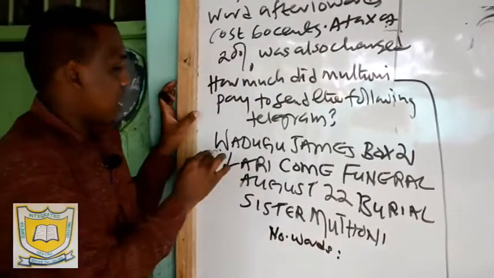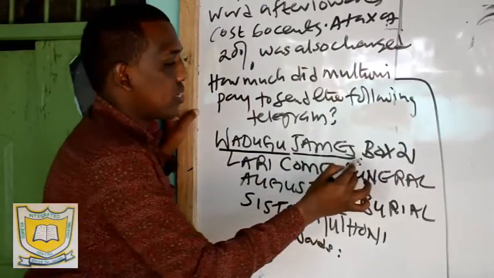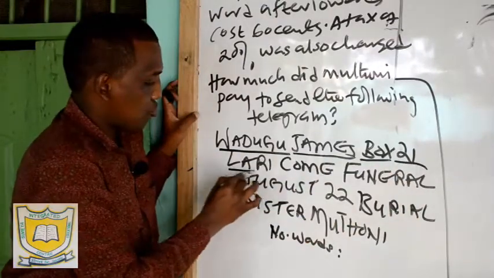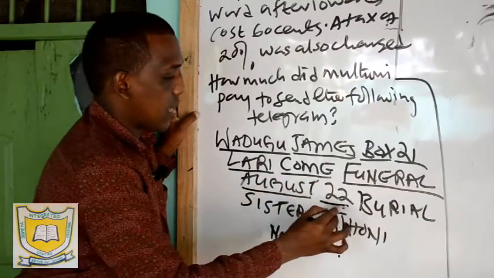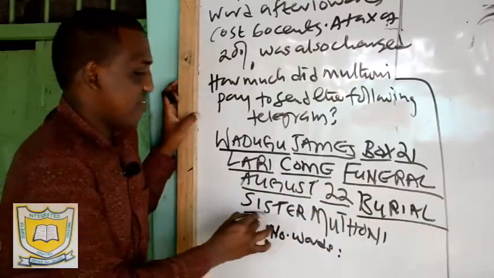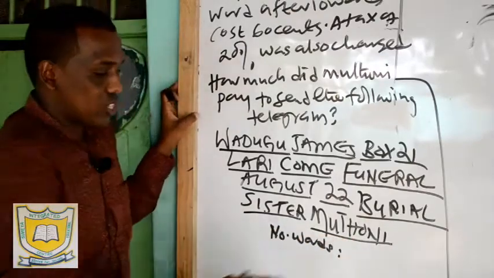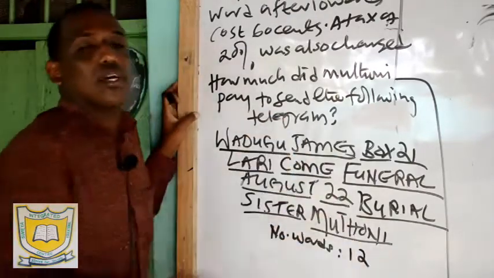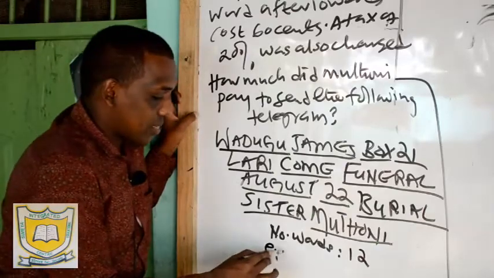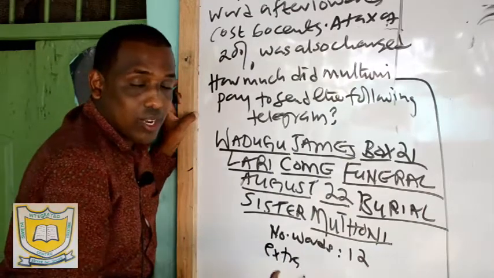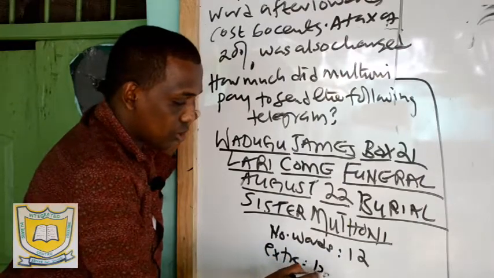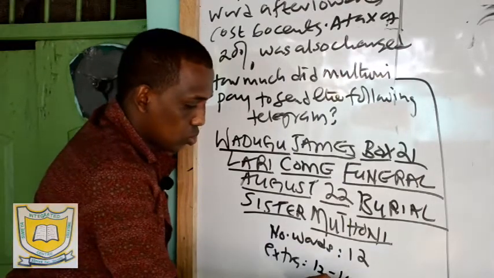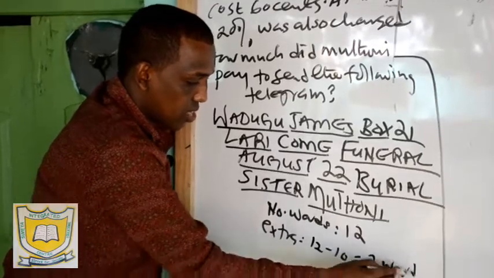How many words are here? 1, 2, 3, 4, 5, 6, 7, 8, 9, 10, 11, 12. They are 12 words, no full stop. Number of words, 12. Extra words, 2, because 12 minus the first 10 words gives 2 words.